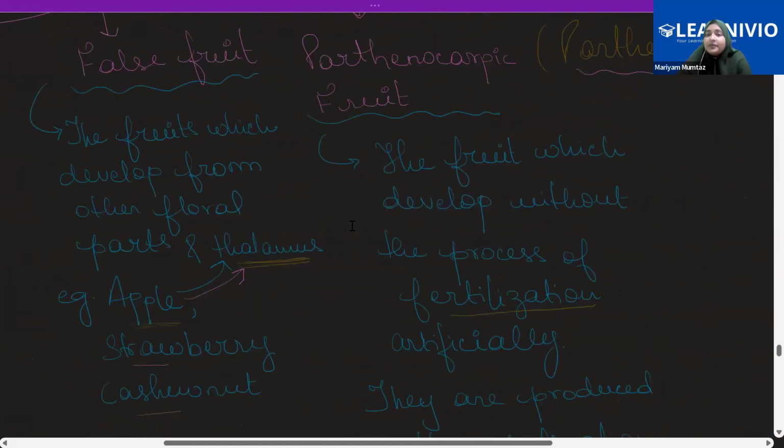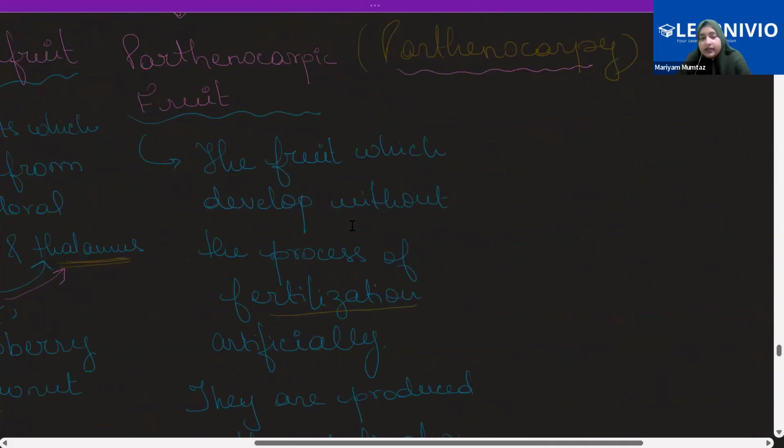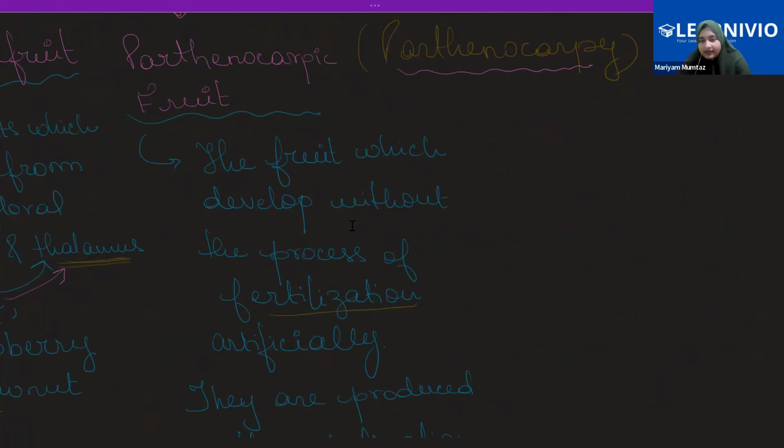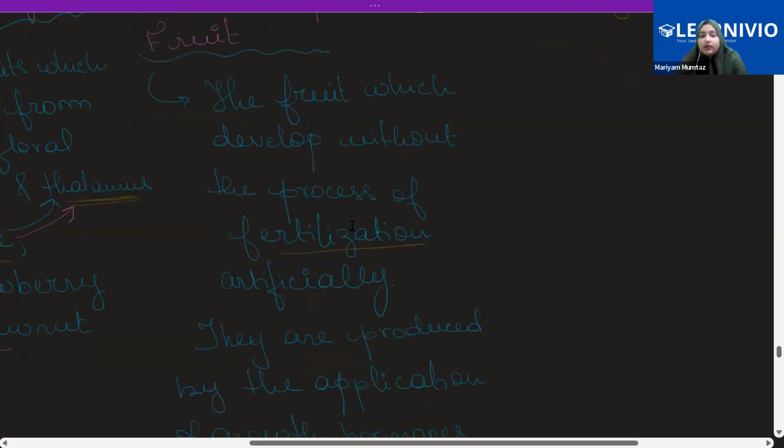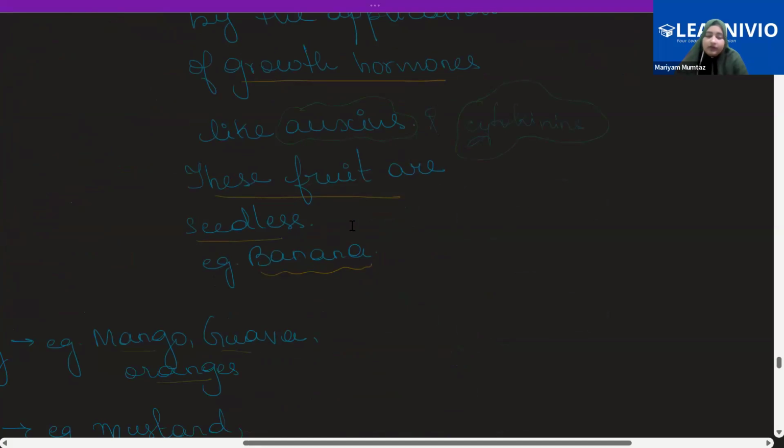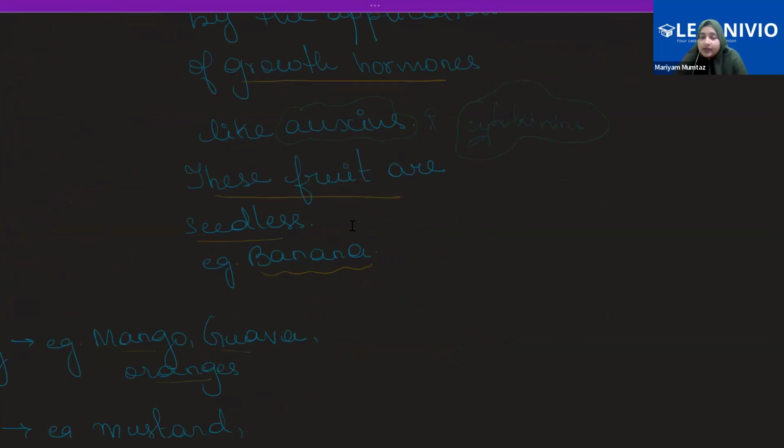And parthenocarpy is a unique phenomenon wherein the fruit develops without fertilization taking place. And this is done obviously artificially with the usage of certain plant hormones. And we call this method parthenocarpy. And obviously the fruits that are going to be formed are going to be seedless because it's not a result of sexual reproduction.